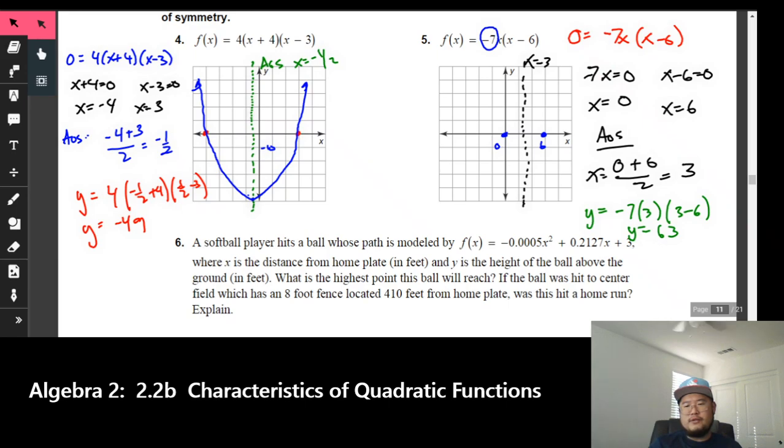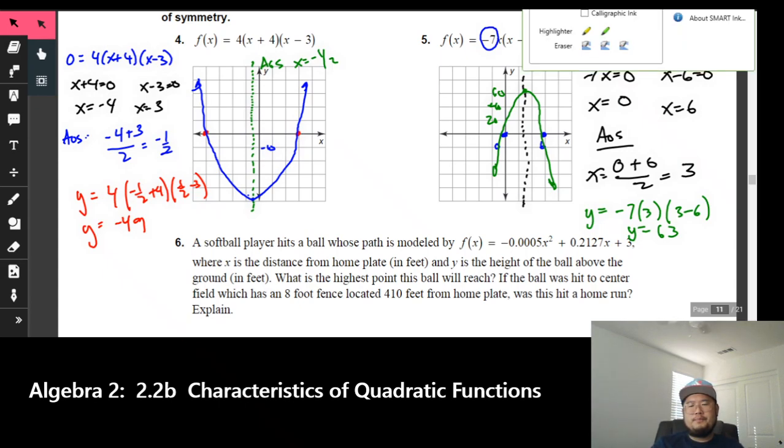Maybe if we did intervals of 20 this time, that'll work out. So let's do intervals of 20. And so we have 20, 40, 60, and then 63 we can say is just slightly above there. And my function does something like this. All right, and we have now graphed things using the intercept form.